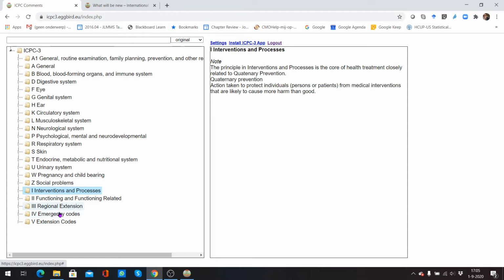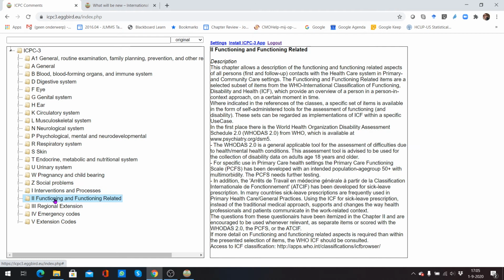The fourth and completely new in the ICPC is the chapter Functioning in Relation to Health, Chapter 2. This chapter provides a specific selection from primary care. For instance, here, clicking on it, you see the functioning.